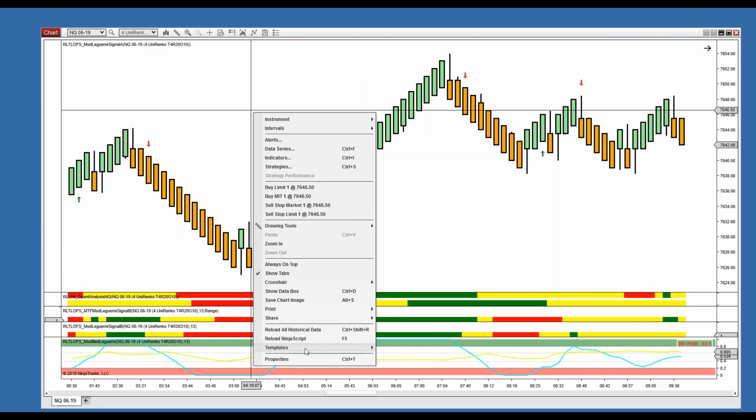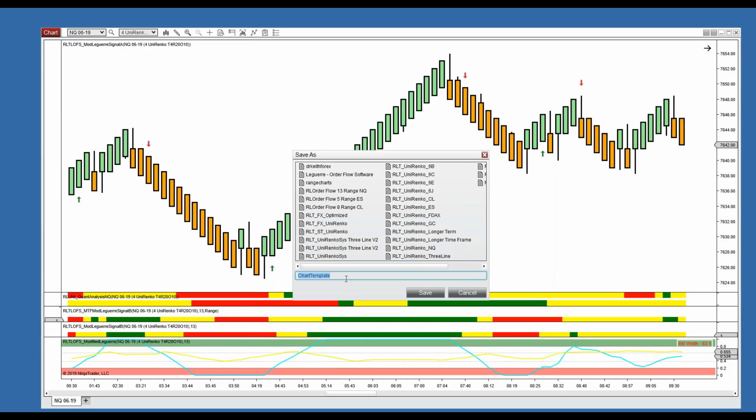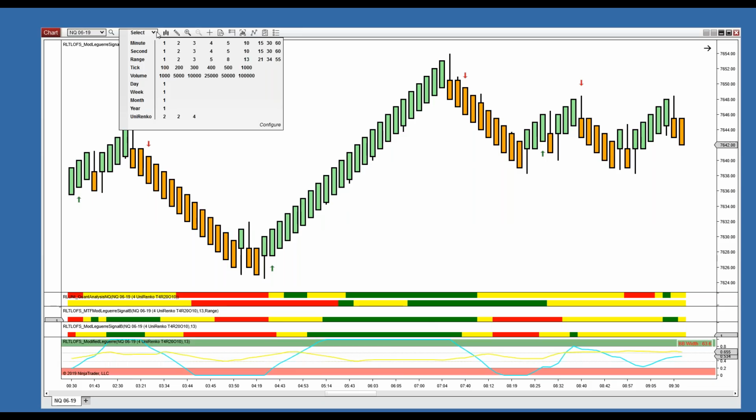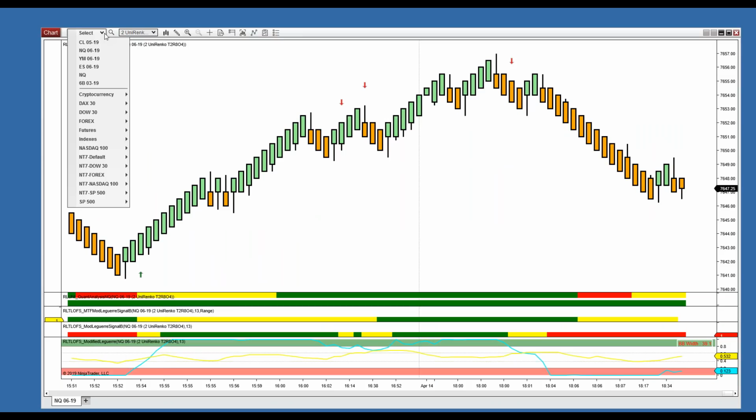Let me just save this template, just in case it drops, so we can immediately reload it. And we're going to go to a 2 Unorenco first. And then we're going to dial in the E-mini.